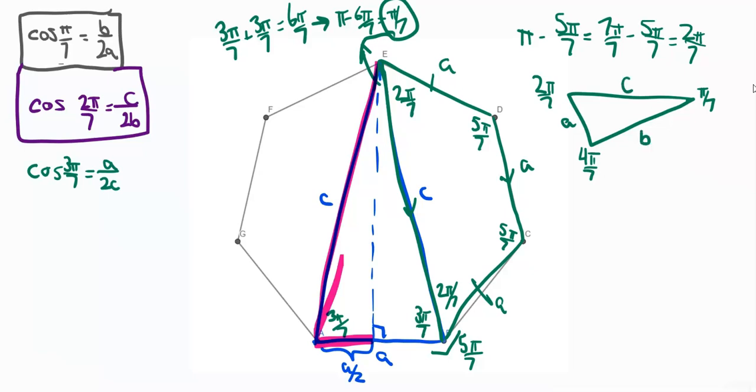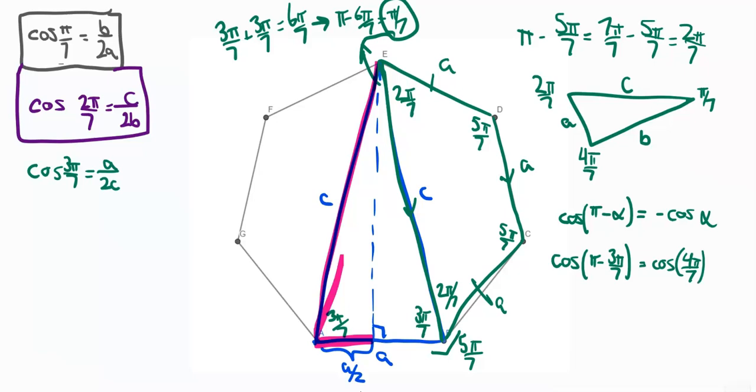Well, there is a very well-known trig identity that says the cosine of pi minus alpha, let's say alpha is any general angle, is equal to the negative cosine of alpha. So let's do the quick math here. Pi minus 3 pi over 7, which of course equals 4 pi over 7, so the cosine of 4 pi over 7 is going to be the equivalent of the negative of cosine of 3 pi over 7.